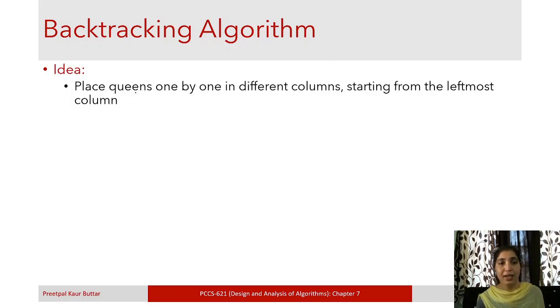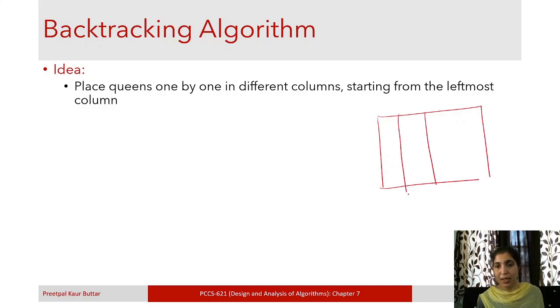The idea is to place the queens one by one in different columns, starting from the leftmost column. Okay, suppose this is your chessboard, and we have a 4 cross 4 chessboard and we want to place 4 queens in this chessboard and the constraint is no queens are attacking each other. So we will place queens one by one.